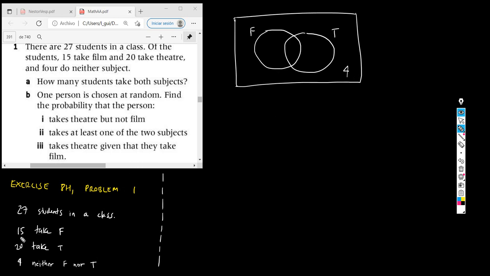Now, I have 15 that take film. So in all of this circle, guys, that means between this part and this part, I should have 15 students. Maybe there are 10 here and maybe 5, or maybe 11 and 4, or maybe 9 in this part and 6 in here. So how do you know?